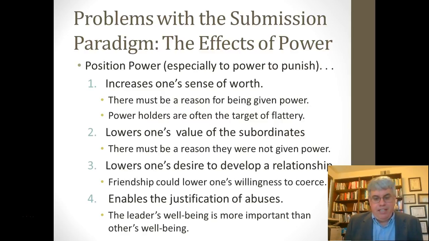Now, all of these things in combination enable the justification of abuses. The leader's well-being is more important than the other's well-being. The leader is worth more, and the subordinate is worth less than the leader. The leader doesn't want to get too close to the subordinate. And since the leader is more important, the leader's needs are more important.